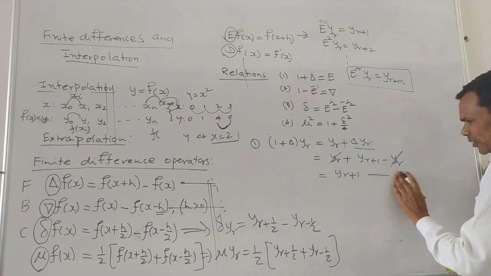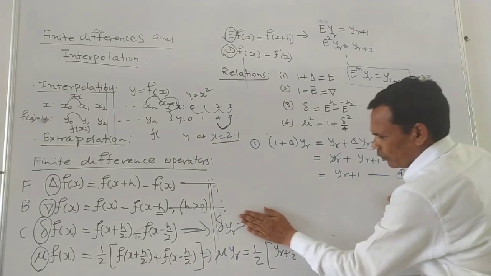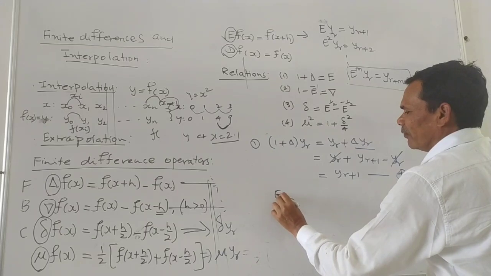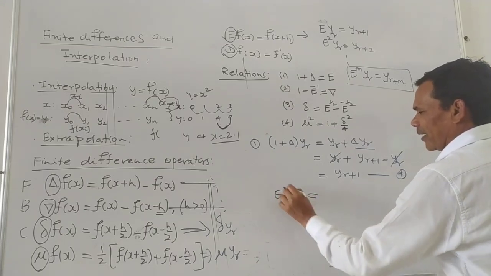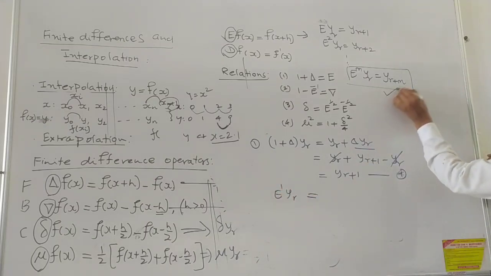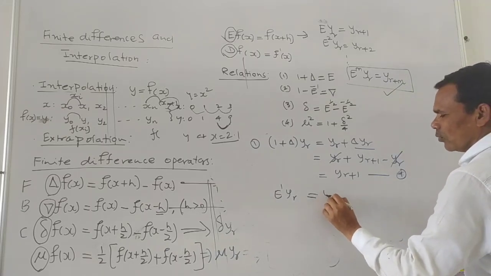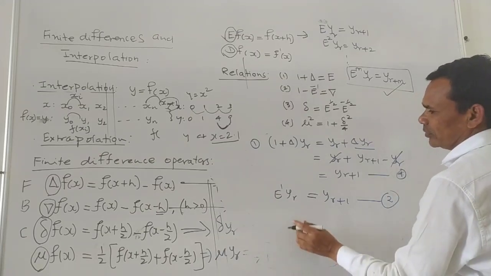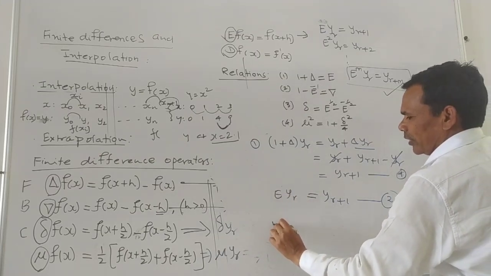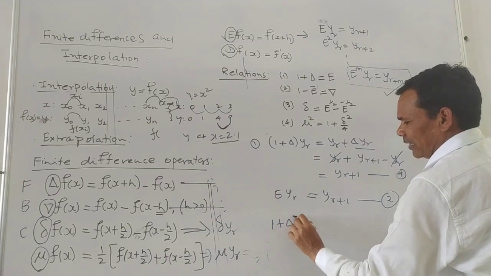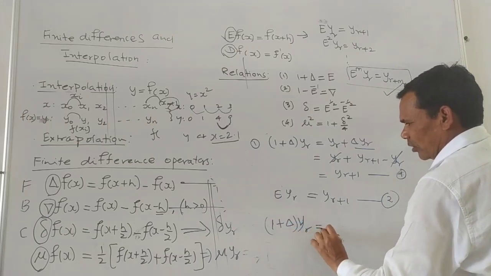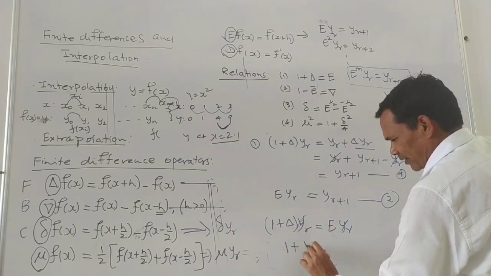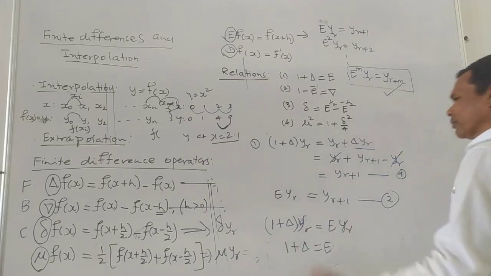This is expression 1. Similarly, for the RHS, take E of y r. Using this formula, you can write this as y r plus 1. Now from 1 and 2, you can write 1 plus delta y r is equal to E of y r. Y r gets cancelled, so 1 plus delta is equal to E.